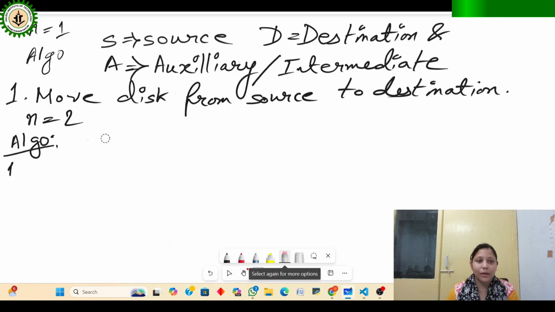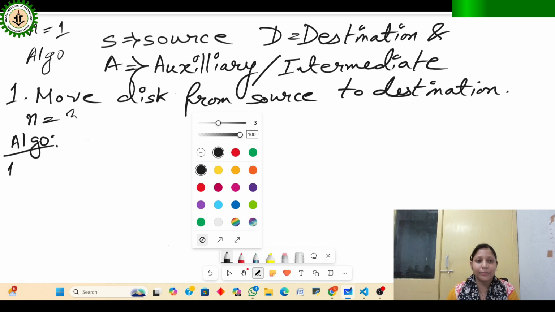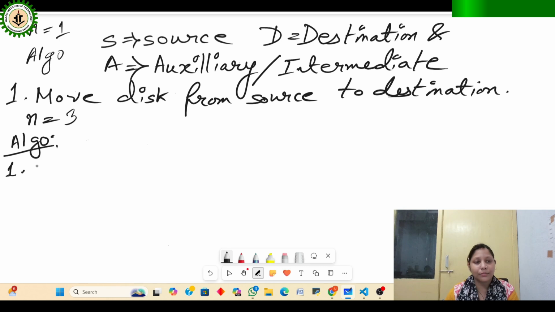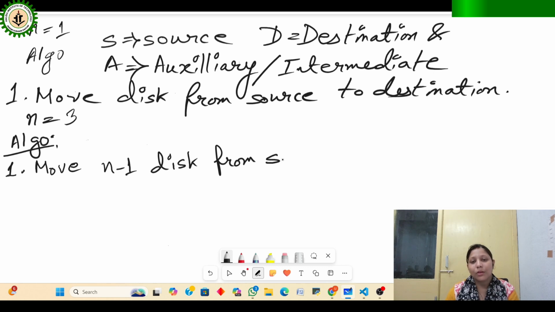Let's see. Now, n is 3. First, we will write move n minus 1 disk from source to auxiliary.